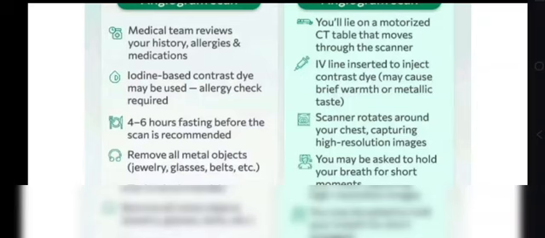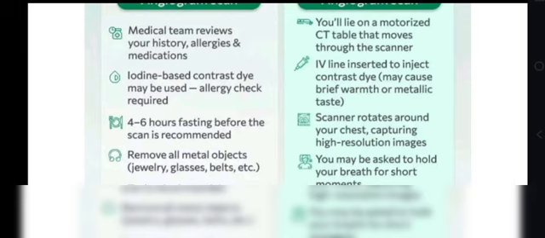Next, a thin catheter will be inserted into the vein and guided through the heart to the pulmonary artery under fluoroscopic guidance. Then an IV line will be used to inject the contrast dye into the pulmonary artery, and this highlights the lung vessels on the X-rays.